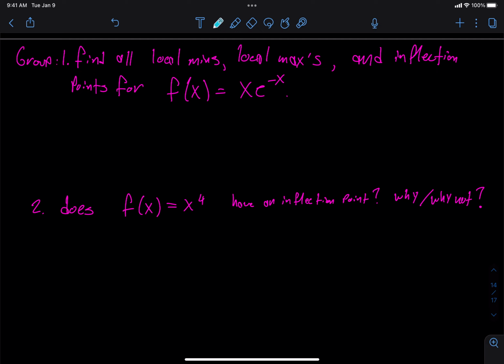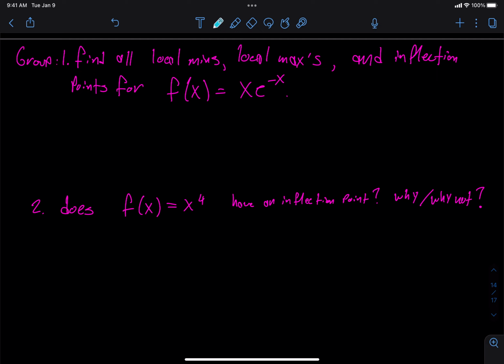Is that considered an inflection? No, it's not changing concavity. But it goes above it and then comes down. I don't know.